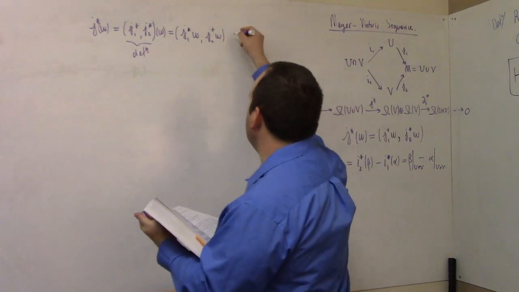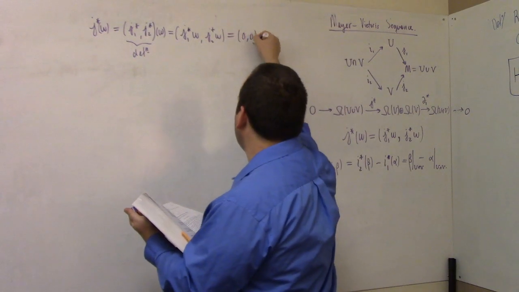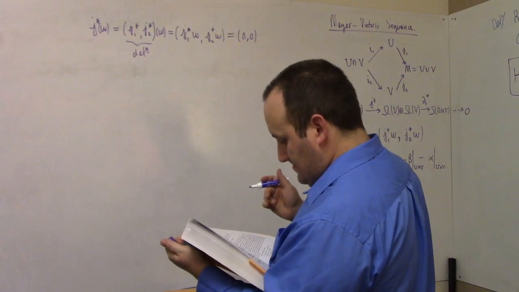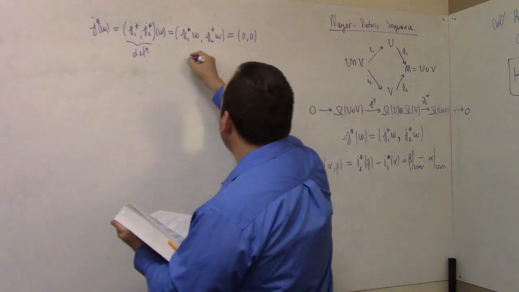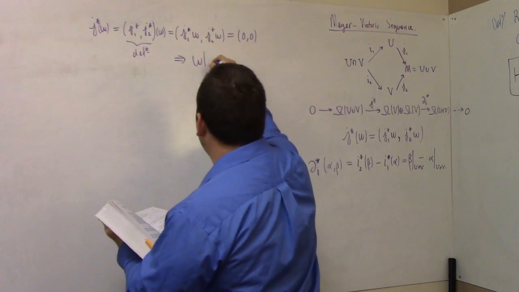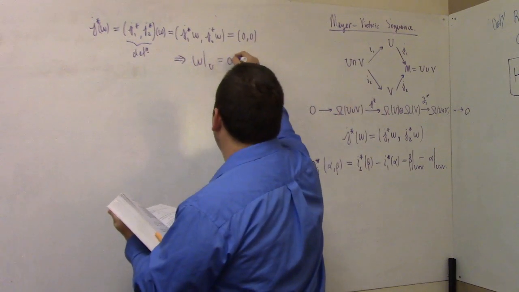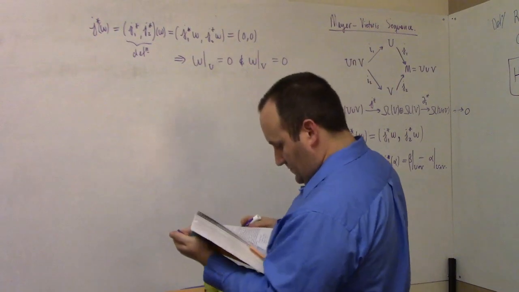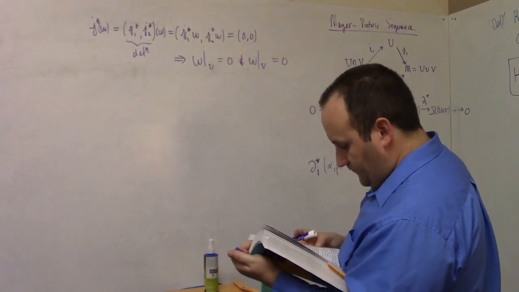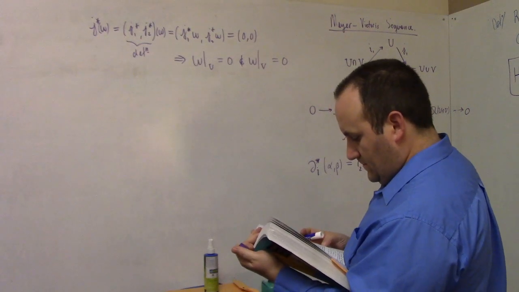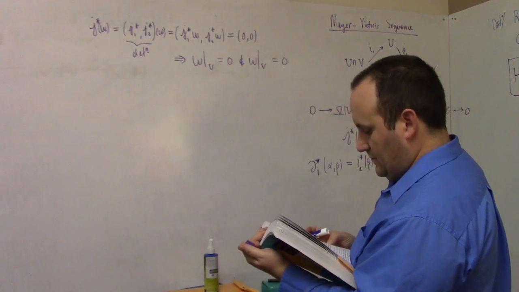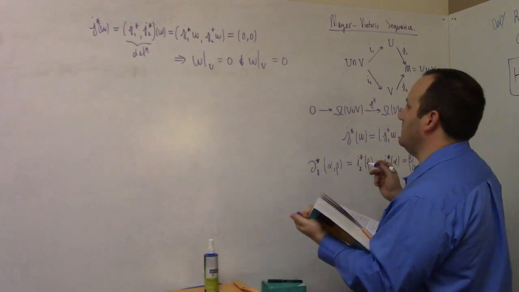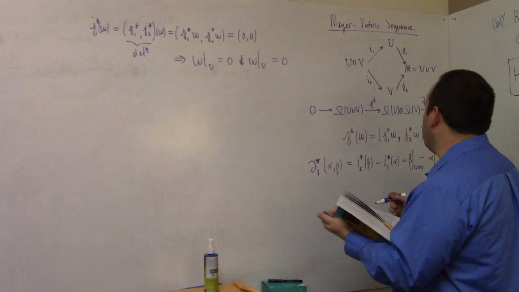Okay, anyway, the point is, suppose that this is 0, right? Then what? He says that implies that omega restricted to U is 0 and omega restricted to V is 0. Okay, so what are we looking at right now?